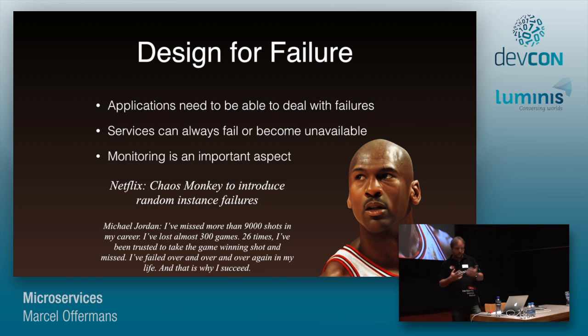You should really do that in your own testing environments as well. That totally changes the mindset of developers when you start doing that. Monitoring is also a very important aspect because you first need to notice that something's down, and for that you need to have some form of monitoring in your application, otherwise you'll never know if that happens.